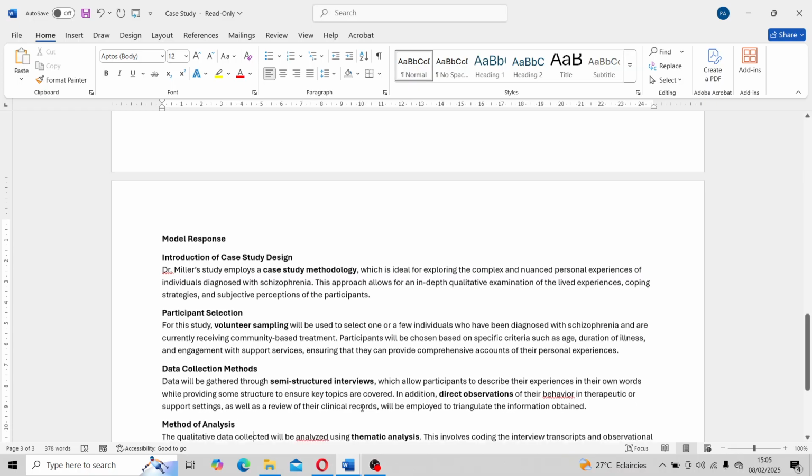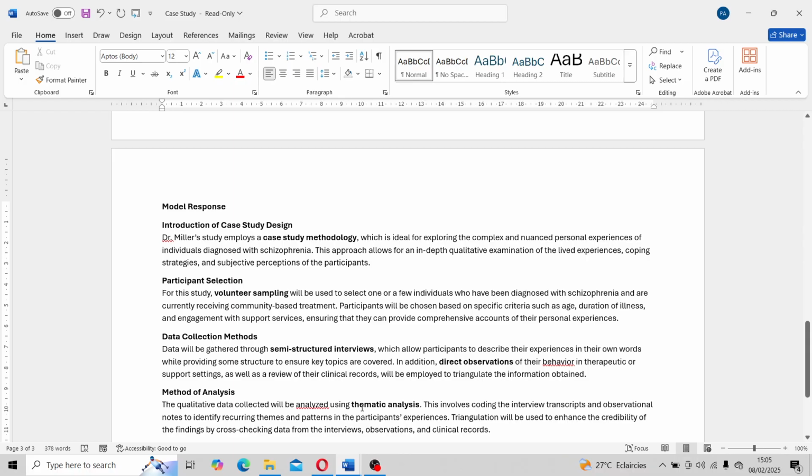In a case study, you are focusing more on the data collection. Very important. Now, the data collected will be analyzed using thematic analysis. This involves coding the interview transcripts and observation notes to identify recurring themes and patterns in the participants' experience.